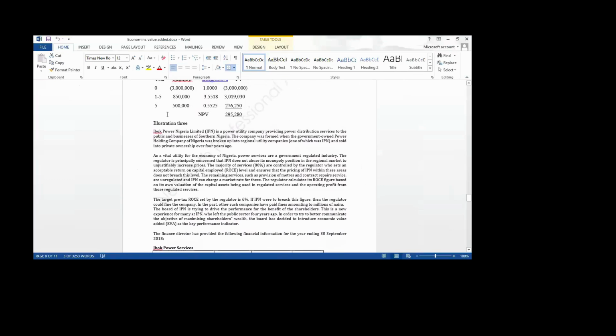Let's look at illustration 3. I don't know if the time will allow us, but... No, sorry. Please, can you come explain to me how we got that discount factor of 12.6?